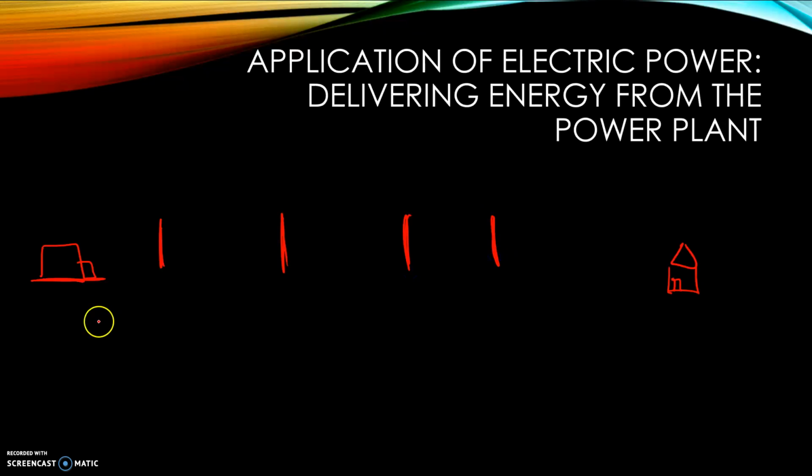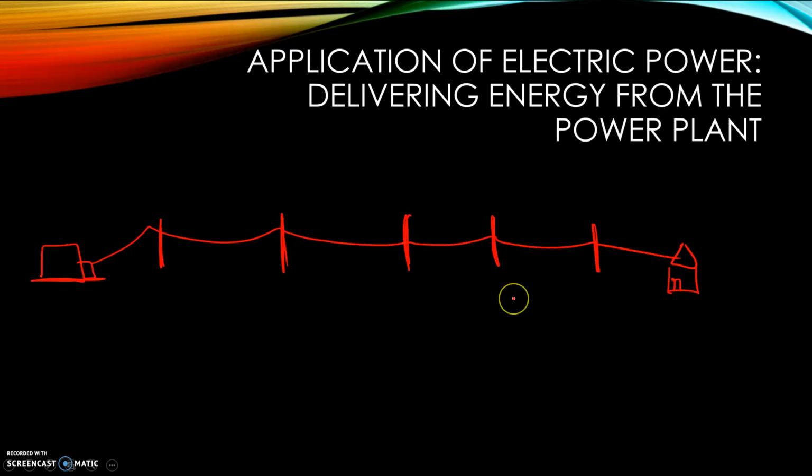This could be miles and miles away, and let's just pretend you have telephone poles. I think a lot of your neighborhoods probably don't now. But you have all these lines, and they're wires, and they have to be delivered to your house. And this could be miles and miles apart.